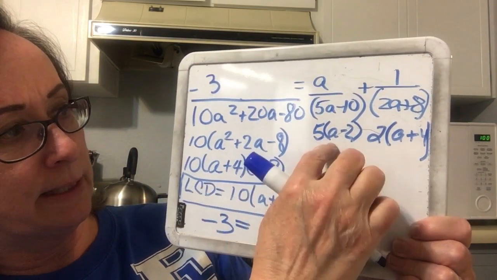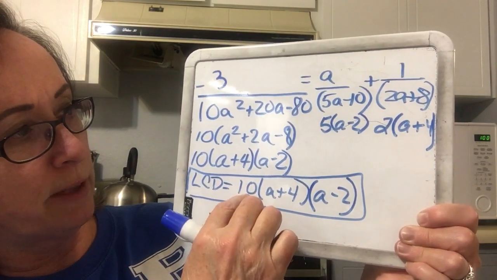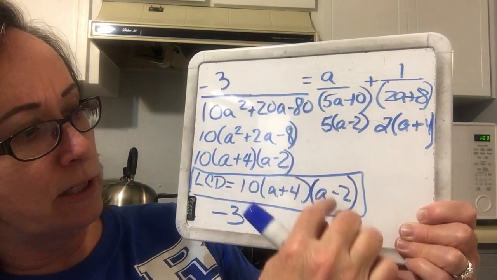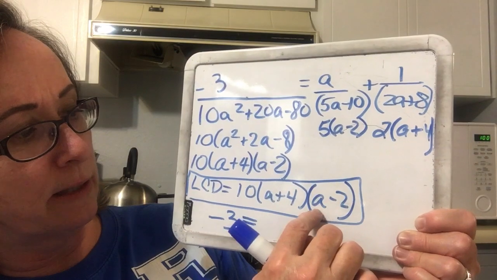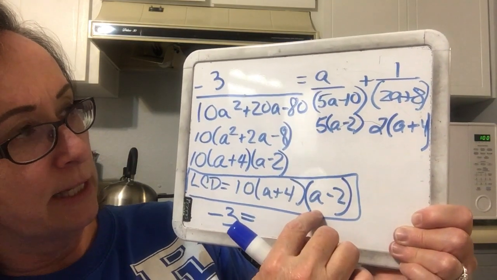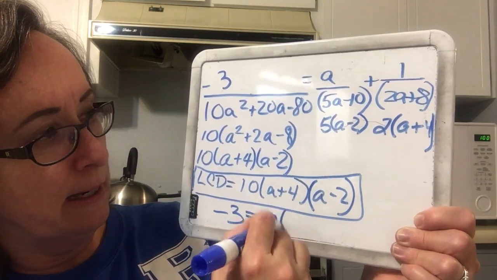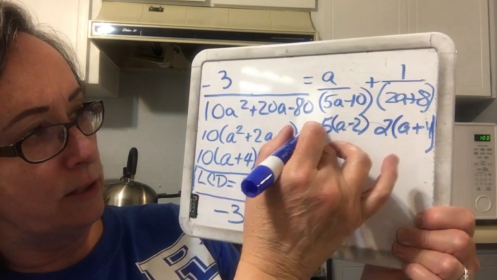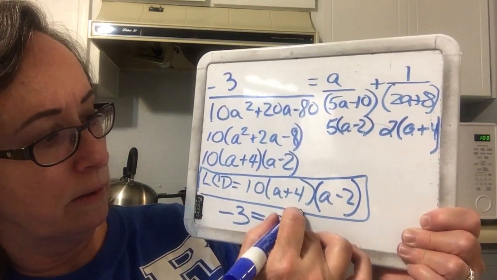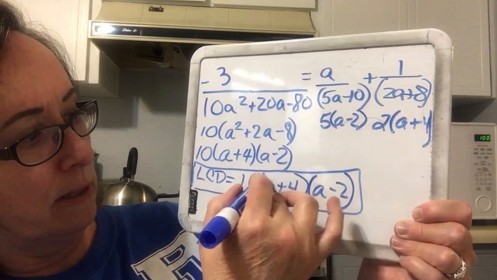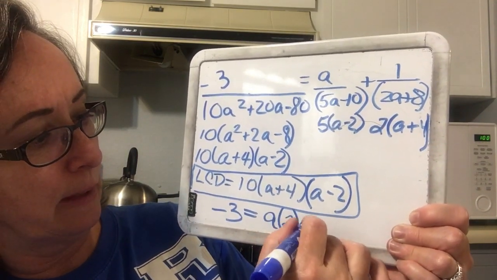This is on top, this is on bottom, so I'm going to wind up with a 2. The a minus 2 will cancel the a minus 2. This is on the top, that's on the bottom. So I'm going to be left with this a times this 2 times the a plus 4.